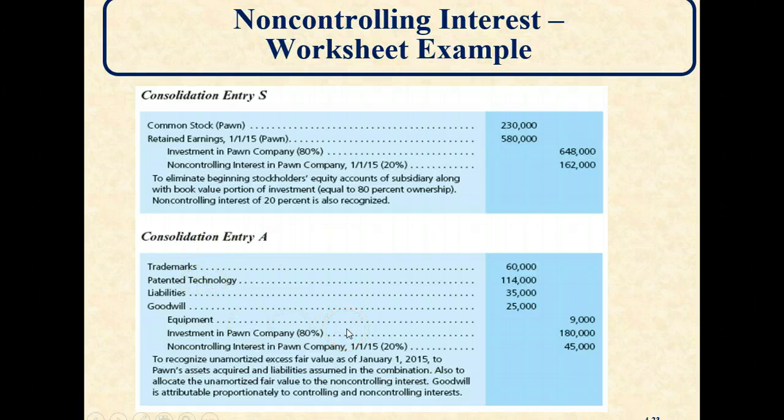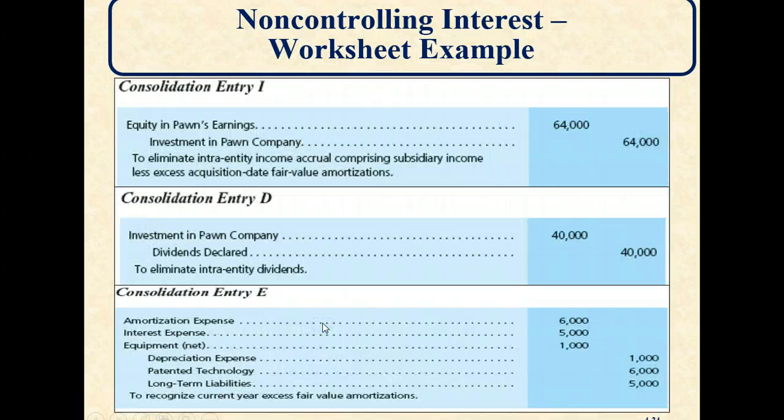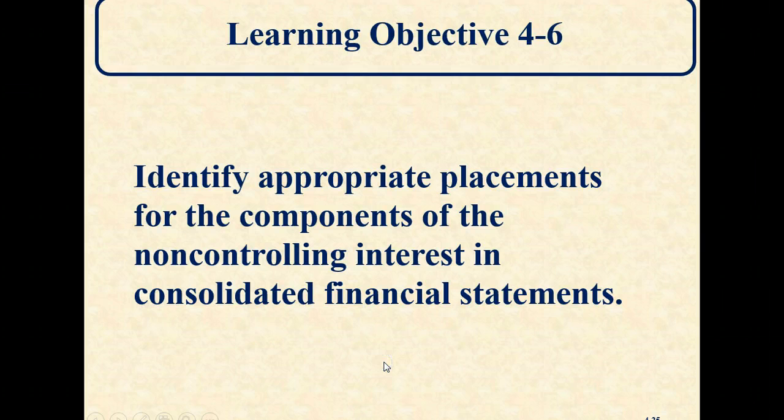We purchased it at the very beginning of the year, so we're not dealing with the middle point of the year. So we'll have to look at some problems and see how it gets played out. But we are going to do an annual consolidated entry to show those excess amortizations.